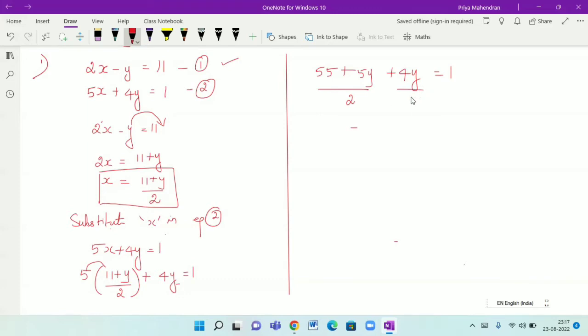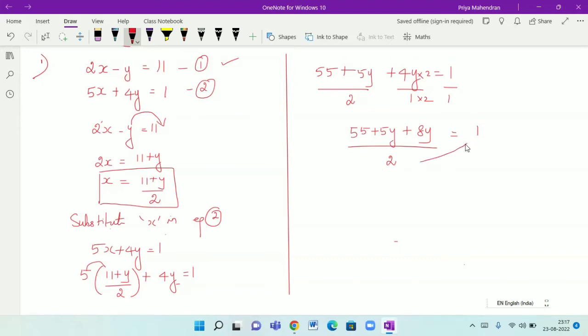Now we have to take the LCM as the denominators are not the same. The LCM is 2, so you will get 55 plus 5y plus 4y into 2 is 8y, all by 2, is equal to 1 times 2.